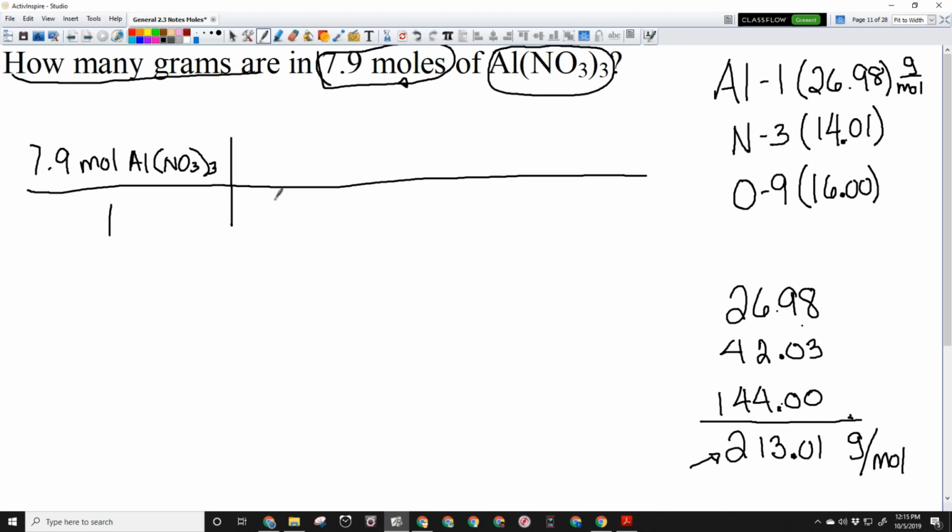We can go ahead and start this problem. What do I want to get rid of? Moles. What do I convert it to? Grams. So our conversion factor is 1 mole is equal to 213.01 grams of aluminum nitrate. Okay, so we can go ahead and put these down here.